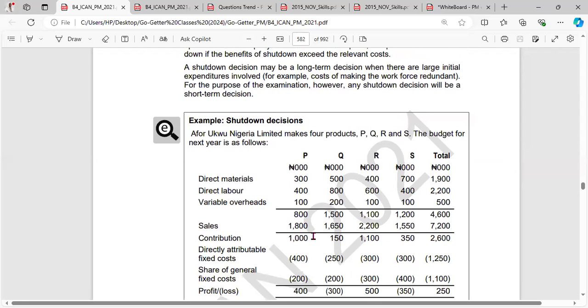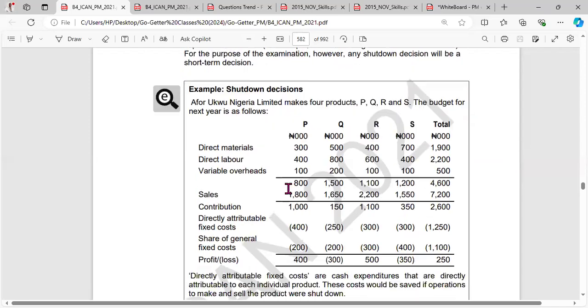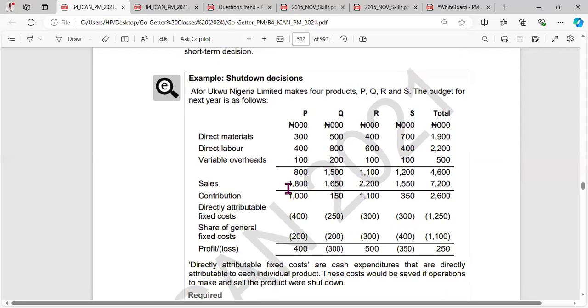All right, so example of shutdown decisions. What are some of the examples of the shutdown decisions that we will have to make? Now look at this example. Afoku Nigeria Limited makes four products, P, Q, R and S. Now the budget for next year is as follows.